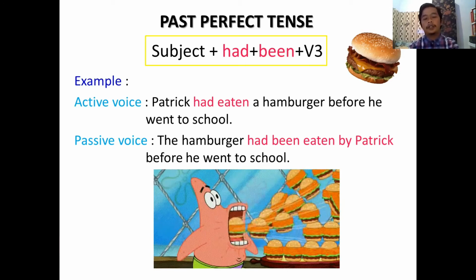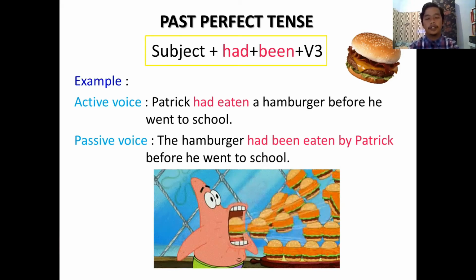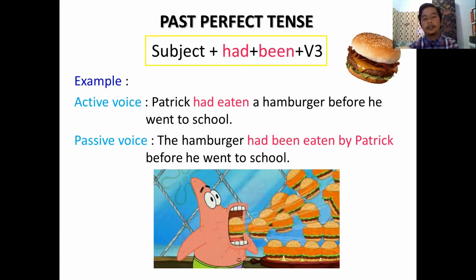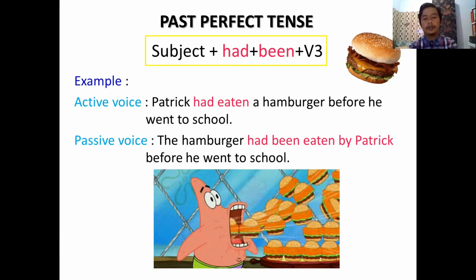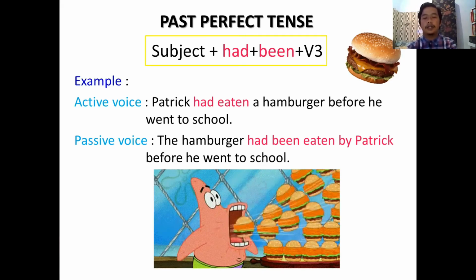In the past perfect tense there is had plus been plus verb 3, and by Patrick. Patrick in the active voice is the subject, and in the passive voice, Patrick sebagai subjek bila di passive voice terletak di akhir kalimat setelah verb 3.